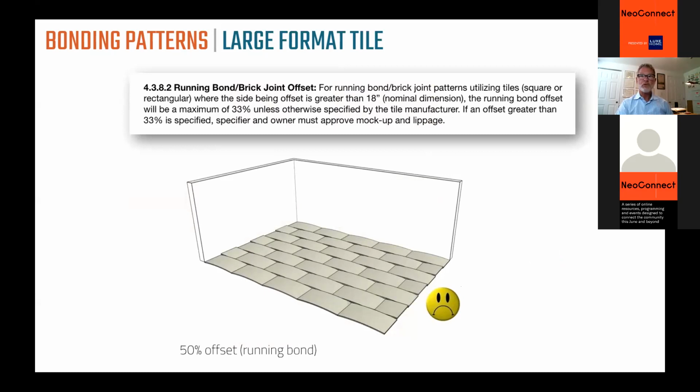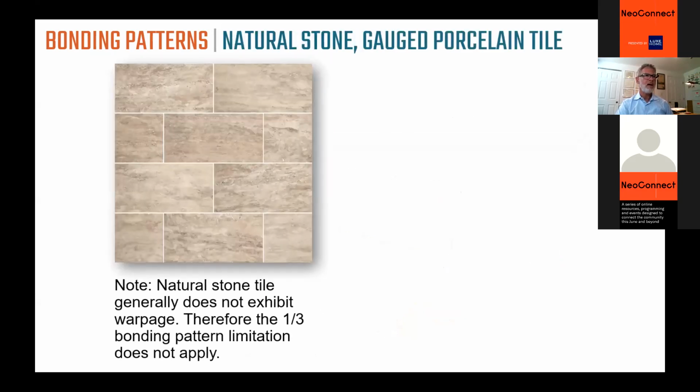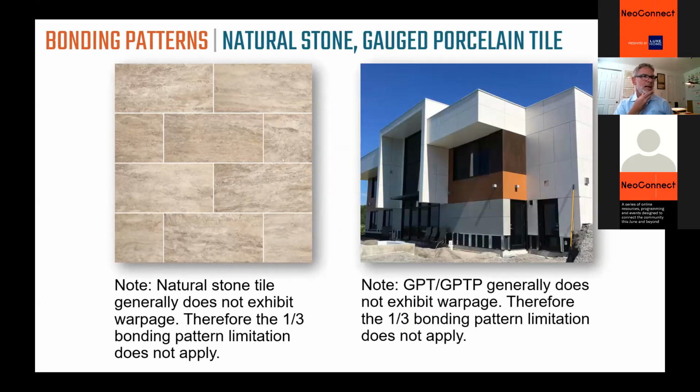The manufacturers are allowed to have some warpage in the tile. And if you offset those by 50%, you're lining up the high point of the hump with the corner of the adjacent tile, which is the low point, and you may have excessive lippage.